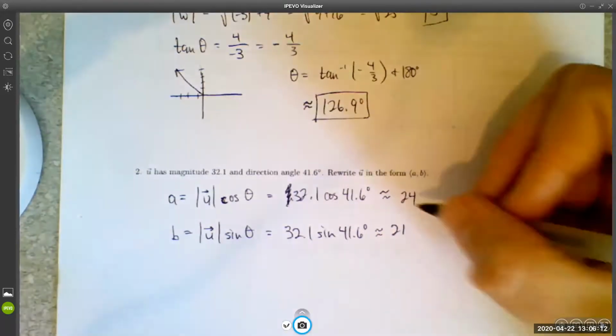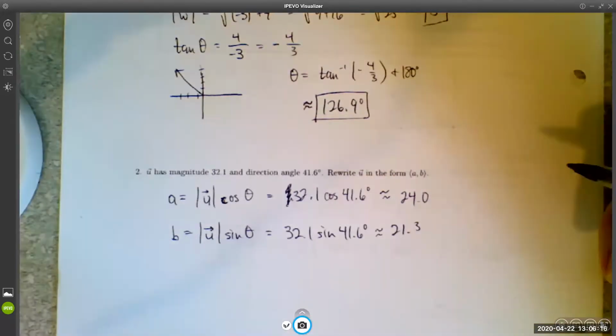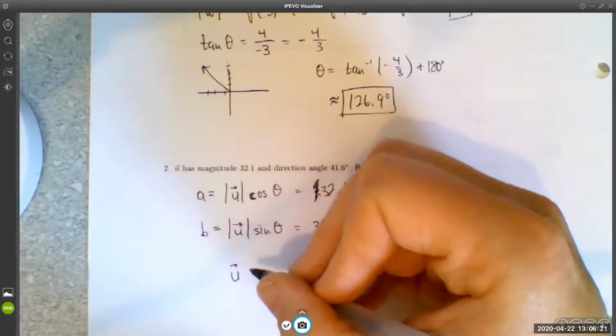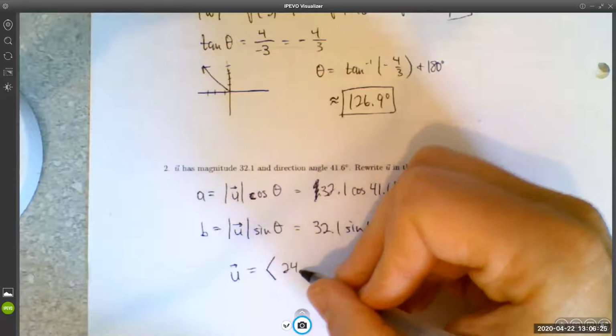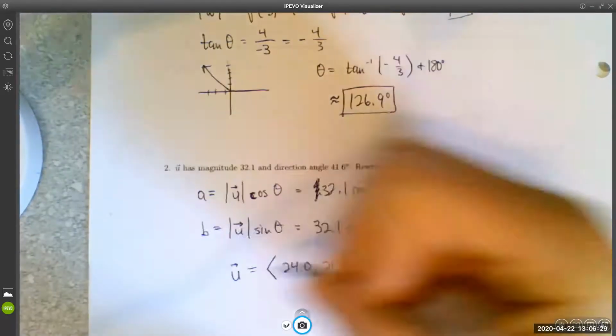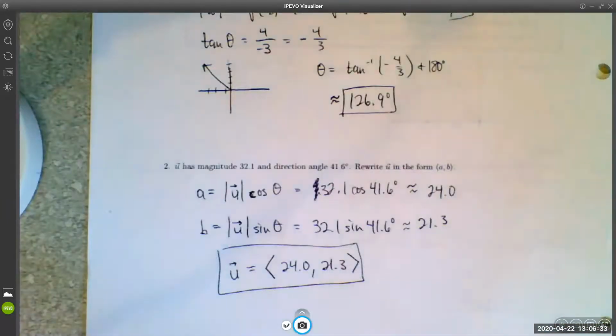Oh, if we have three sig figs, maybe I should say 24.0 and 21.3. So there we go, right? So we would say vector u equals ⟨24.0, 21.3⟩. And that's all there is to that.